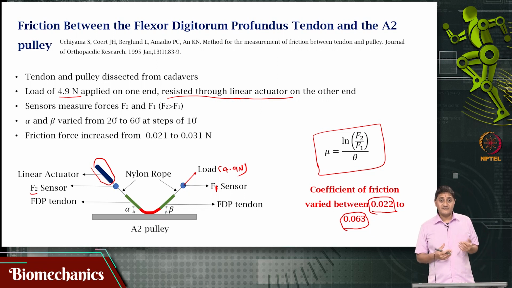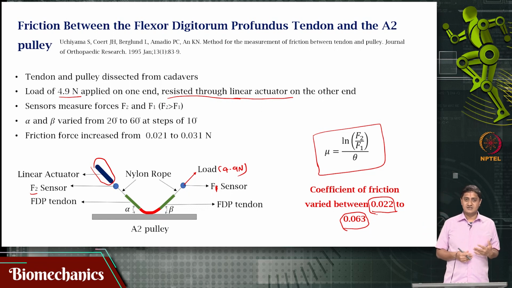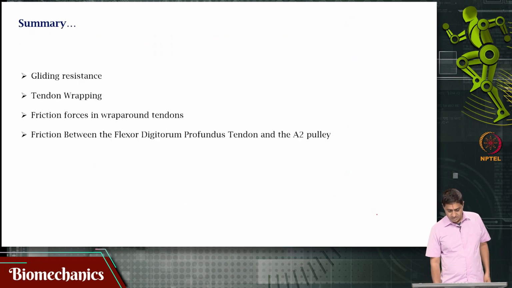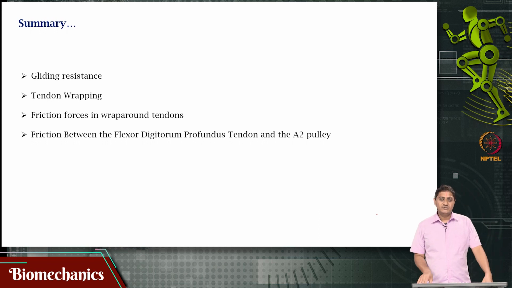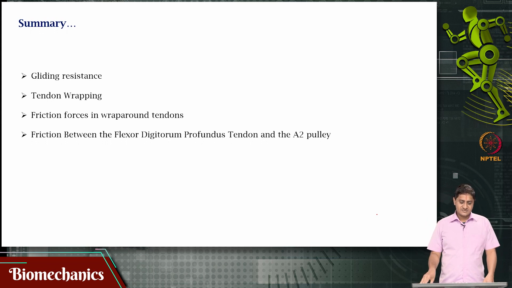This is one of the ways in which we could use the previous derivation or principles in our understanding of how tendon wraparound causes changes in friction and behavior. So, in this video we looked at gliding resistance, tendon wrapping around bone and how that changes friction forces in wraparound tendons.